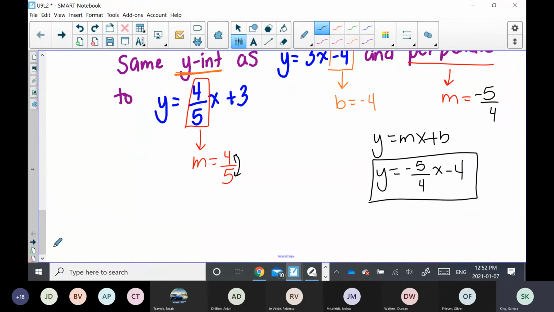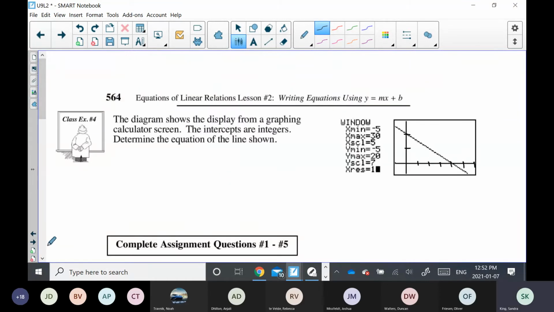Okay, let's do the last question. This question here, we're going to do it because this is a really common question in 20-1 and 30-1. They're giving you a screenshot from a graphing calculator, and especially when you get to 30-1, you need to understand how this is read.